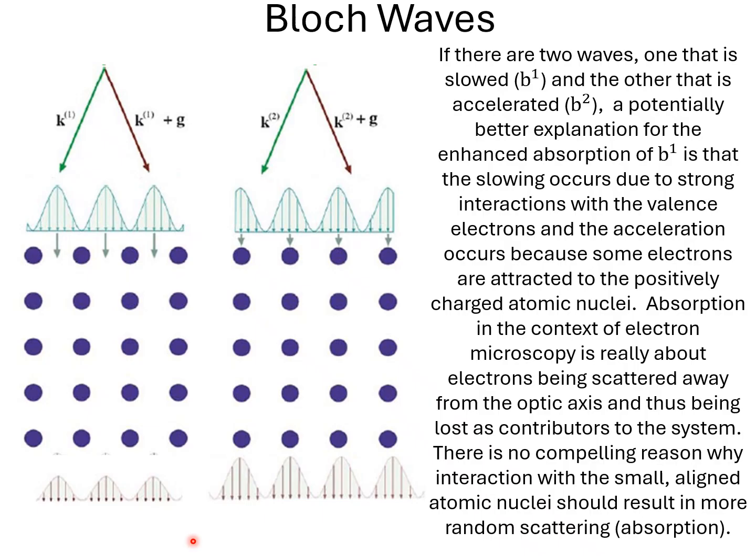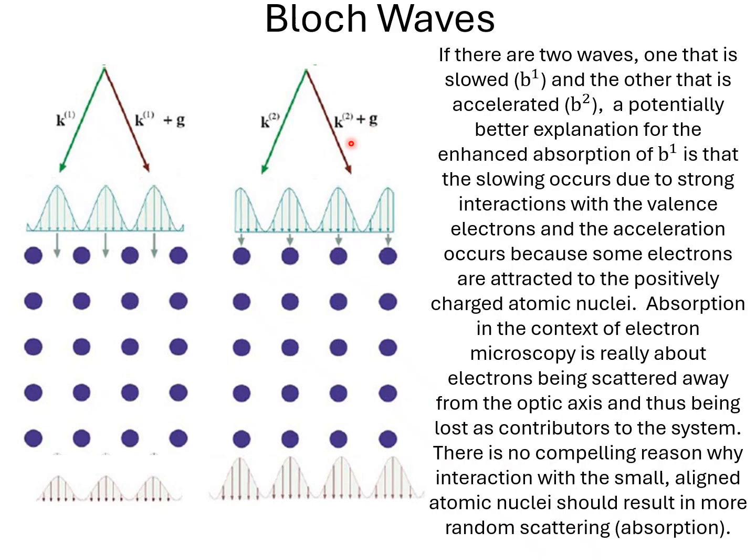So what I think is probably a better picture is that Bloch wave 2 is the one that's going close to the atomic nuclei and is being accelerated, but it's not being absorbed by the nuclei. I mean, the nuclei themselves, physically, the cross-section is very small. So it goes whizzing past, like a gravity assist, if you like. And we end up with little absorption, but we do get the slowing effect for Bloch wave 2.